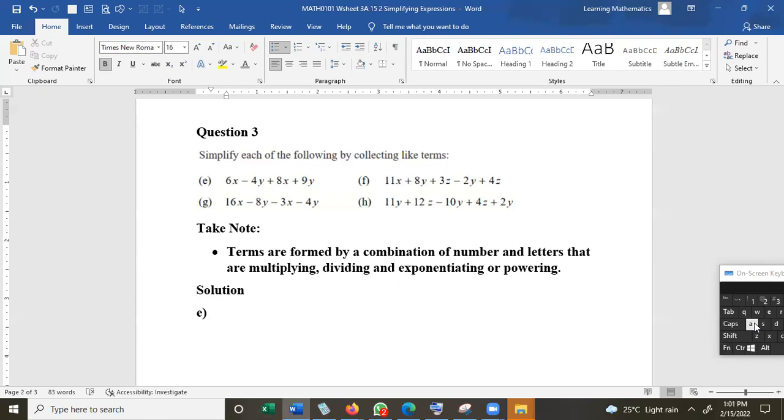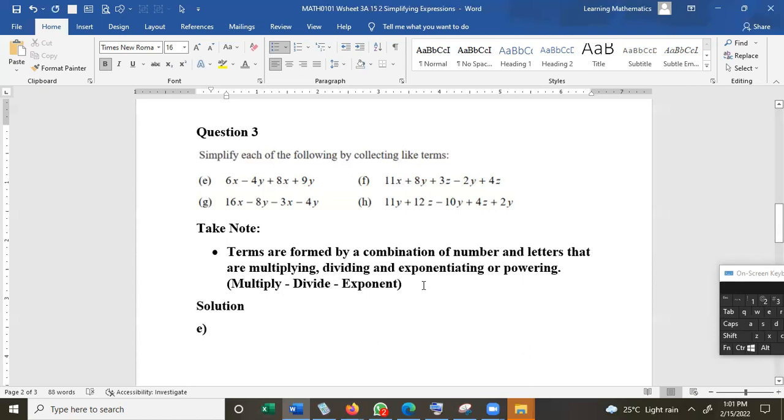Okay, they are glued together with those three operations: multiply, divide, exponent. Okay, we can call them MDE: multiply, divide, exponent. That's what forms a term.